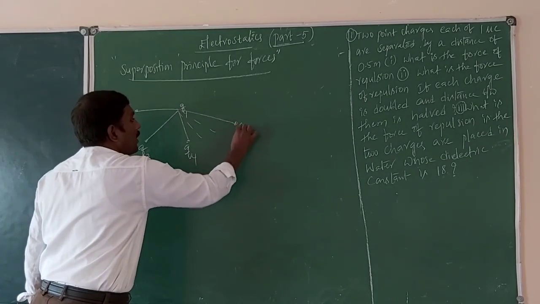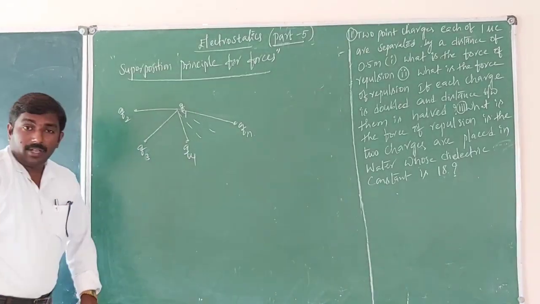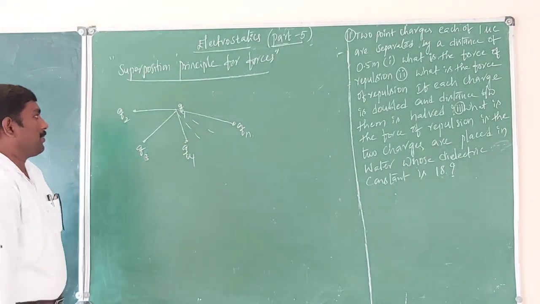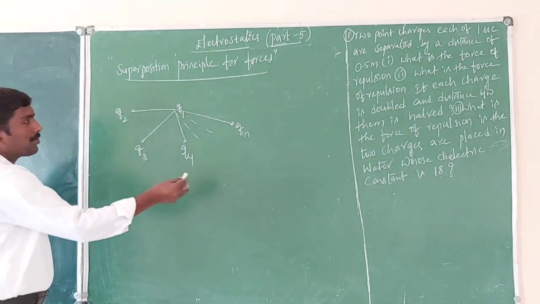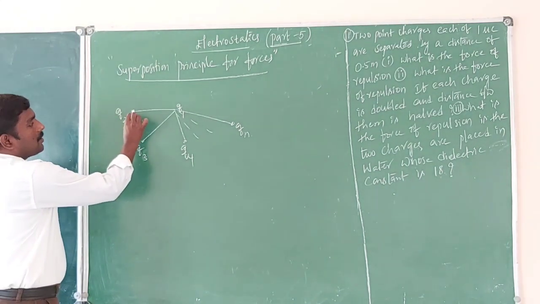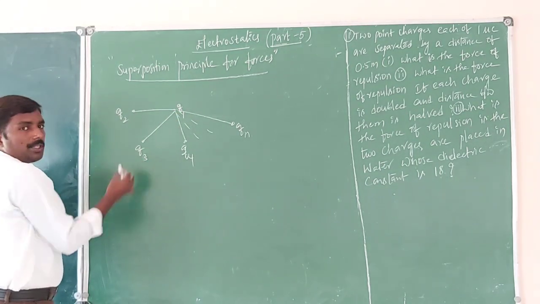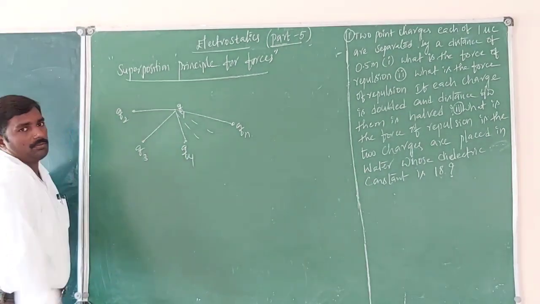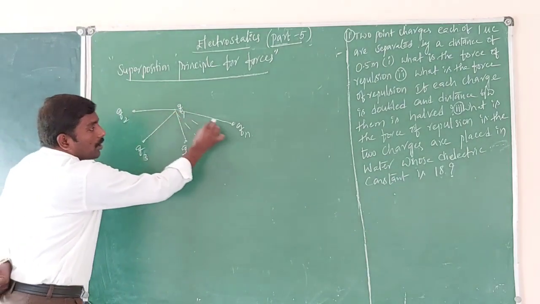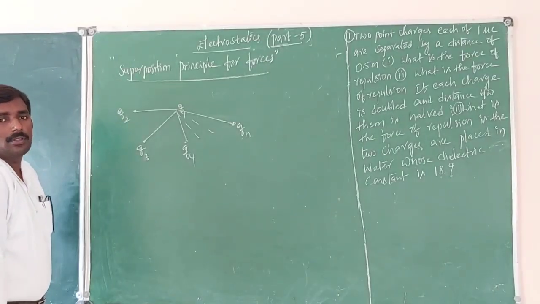This is Qn. According to Coulomb's law, there exists a force of repulsion between Q1 and Q2, and also Q1 and Q3, and also Q1 and Q4, and also Q1 and Qn.